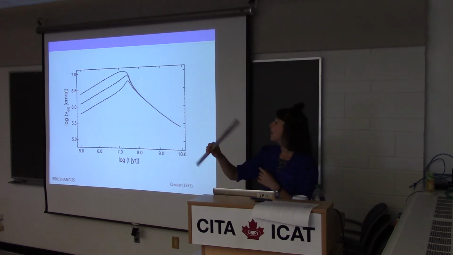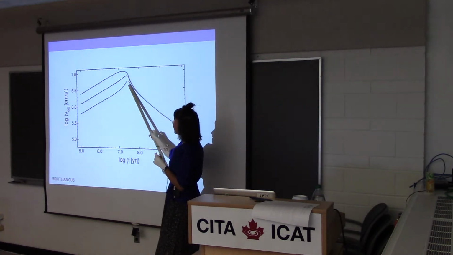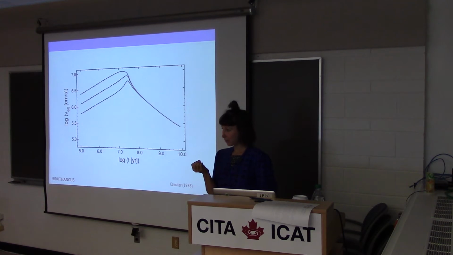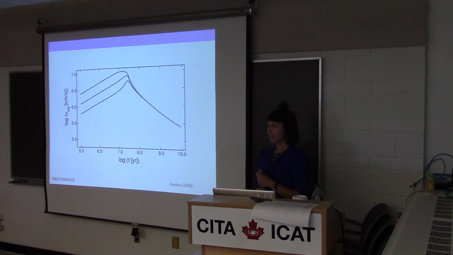That's what's happening up till this point. Once it hits the main sequence, it starts to lose angular momentum. And because the angular momentum loss rate is related to the magnetic dynamo, and that magnetic dynamo is generated by rotation, these things are interlinked, and there's a feedback cycle.